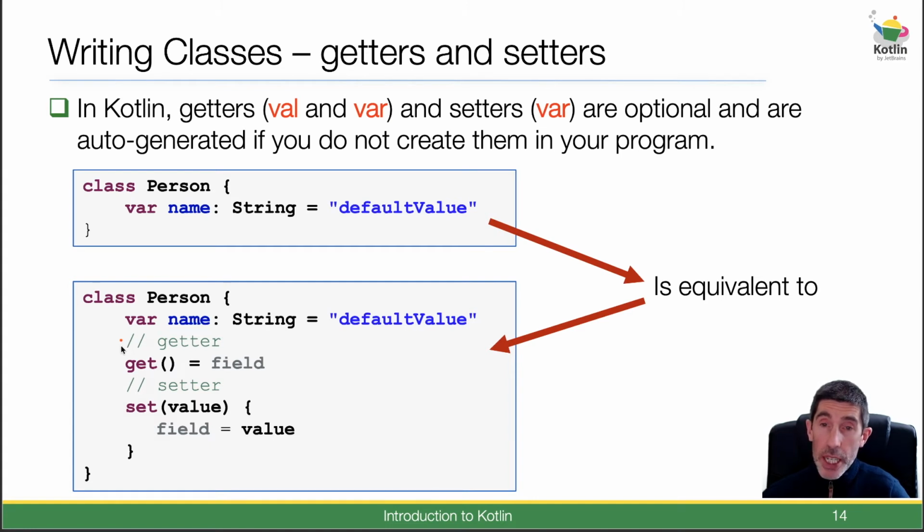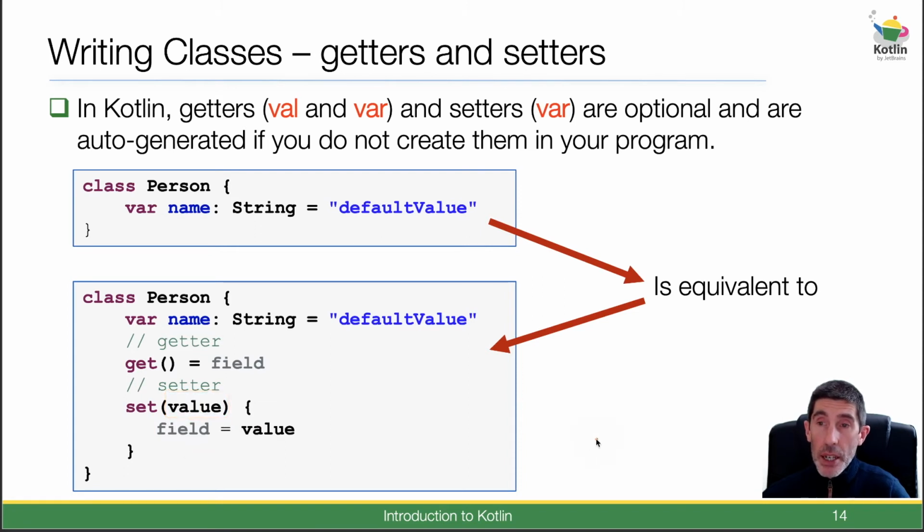You can override these if you want to. It's not very common, but you can if you need to. So this field property would get replaced in the instance by, in this example, name. The get would return name, and the set would have name updated with the value that's passed in.